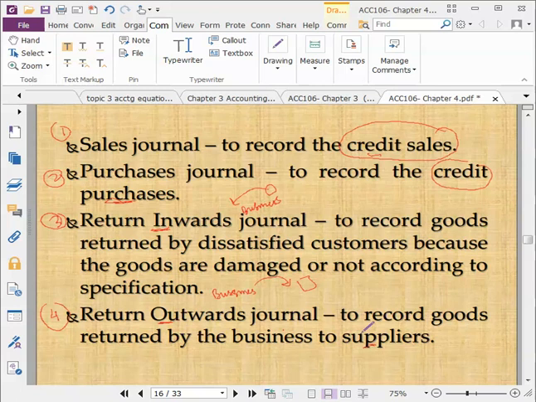Kalau kita ada beli barang daripada supplier, that product is wrong specification, for example, kita kena pulangkan semula, so that is return outward. Please remember that you are the owner of a business. You yang pulangkan kepada orang luar, so that is the return outward journal.